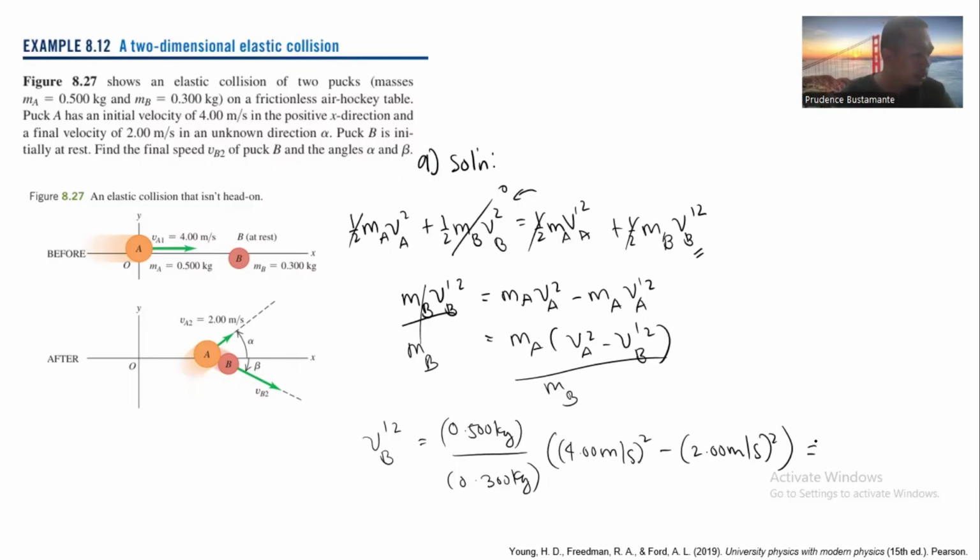So we have 20, so the units cancel out to meters per second squared. So the velocity of B prime is equal to the square root of 20 meters per second squared, which is equal to the square root of 20.